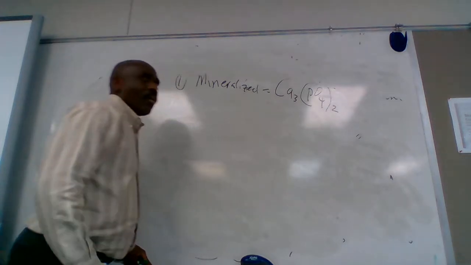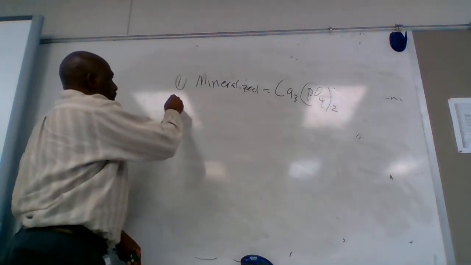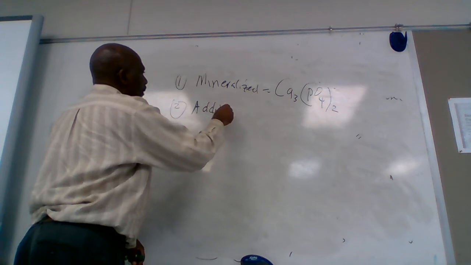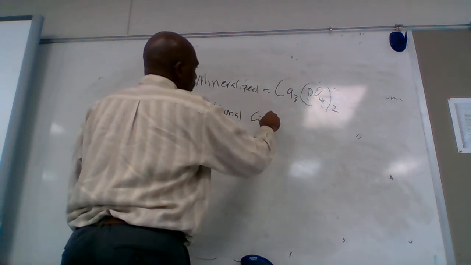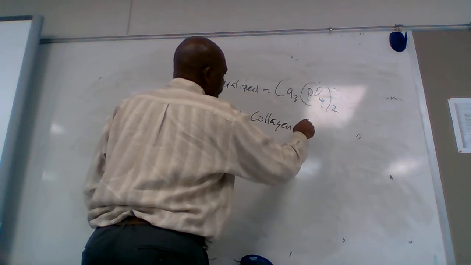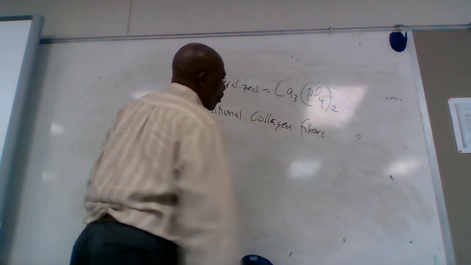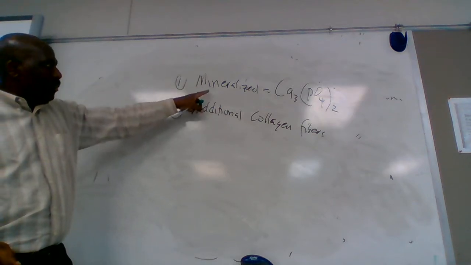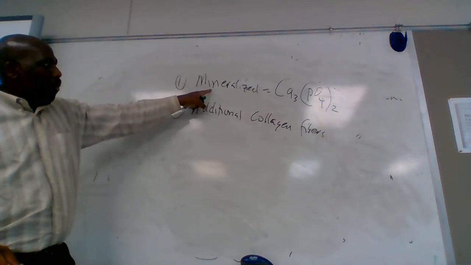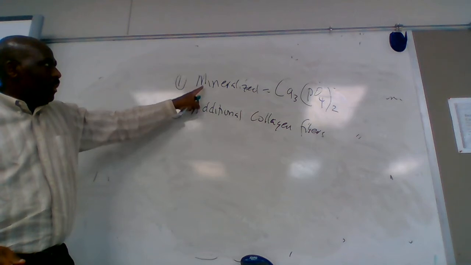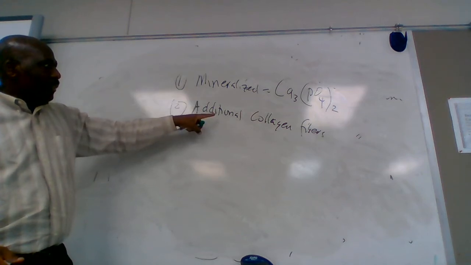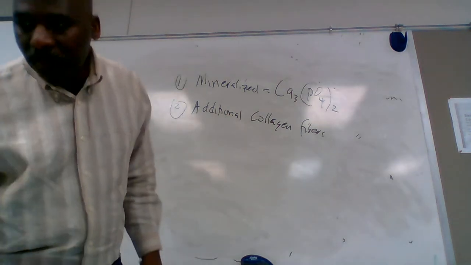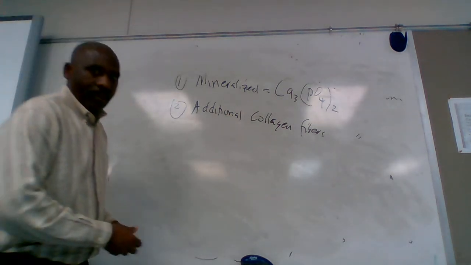Number two, bones have additional collagen fibers. So these are the two reasons why bone is harder than cartilage. Bones are mineralized, and bones also have additional collagen fibers. All right.